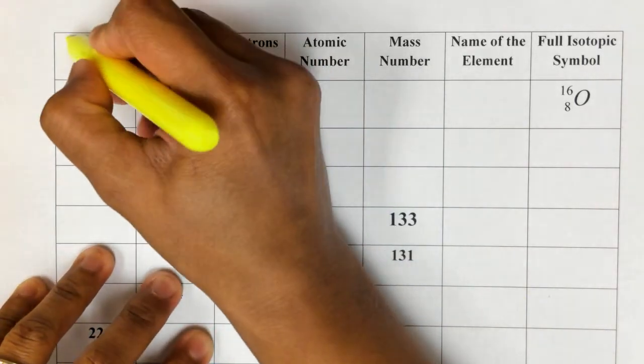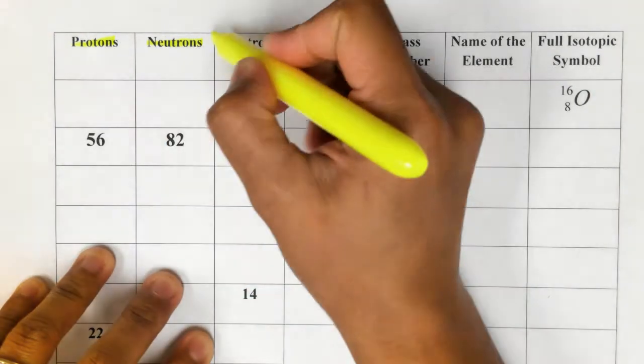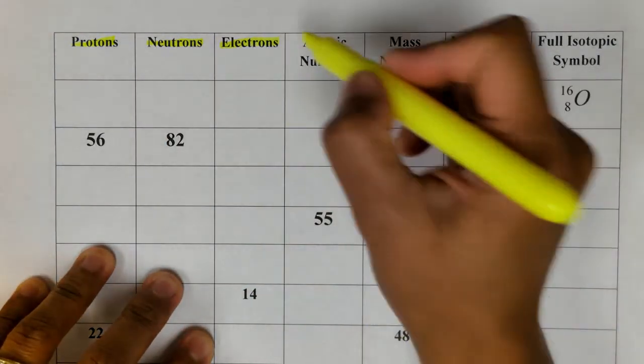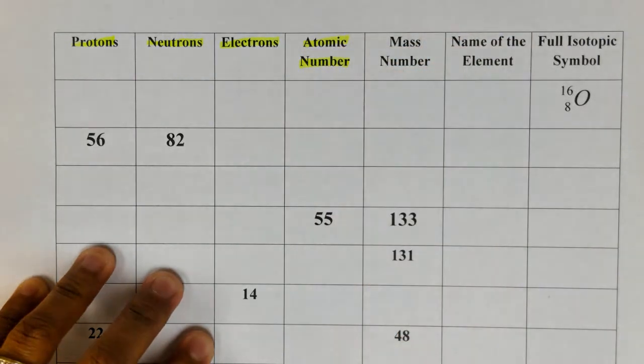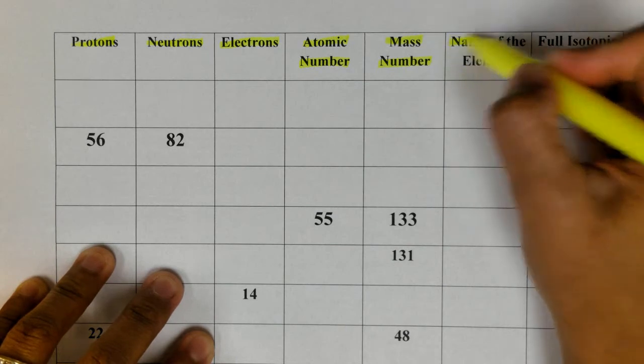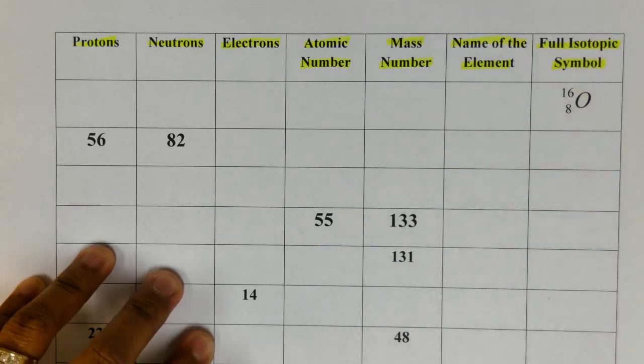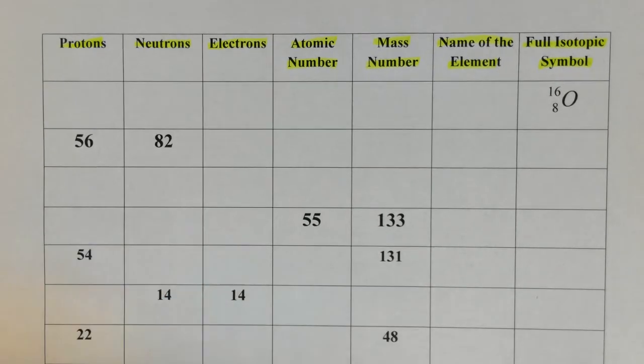The labels are protons, neutrons, electrons, atomic number, mass number, the name of the element, and the full, complete isotopic symbol.